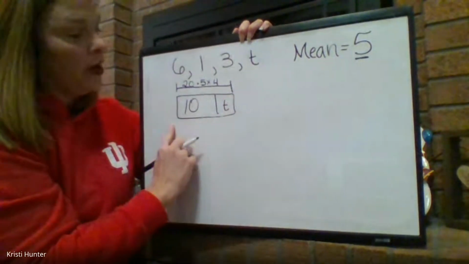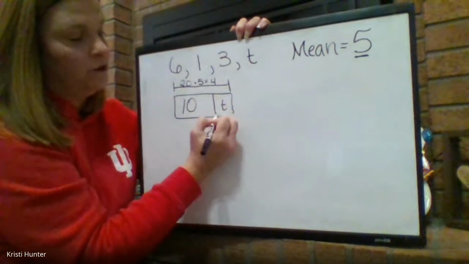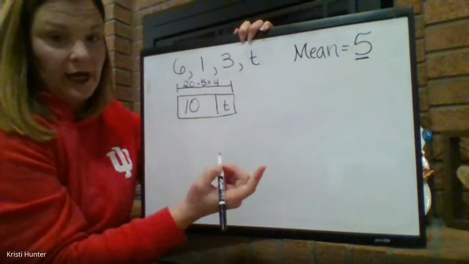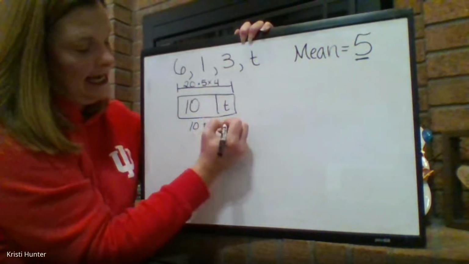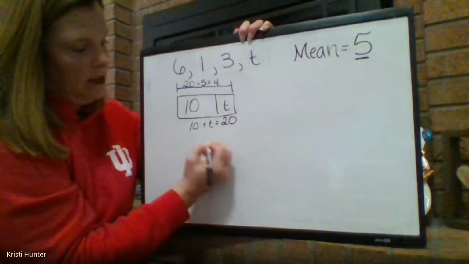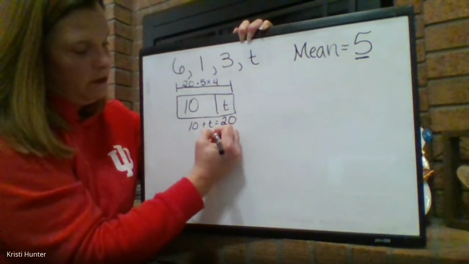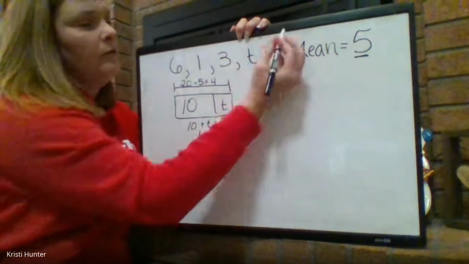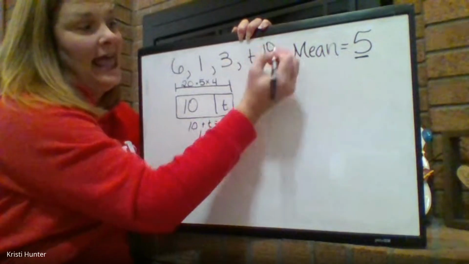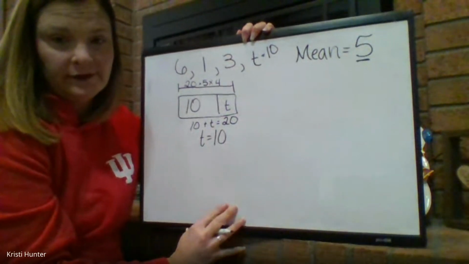So my bar has to have a value of 20. So here's what I know. If I take 10 plus T and it has to equal 20, then my missing value is 10. So on Tuesday, she had to find 10 shells.